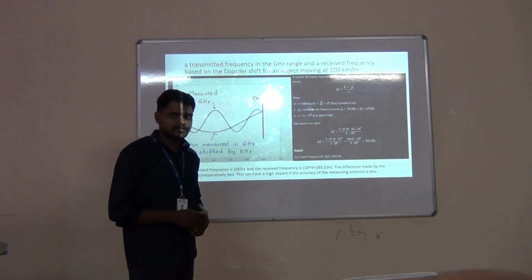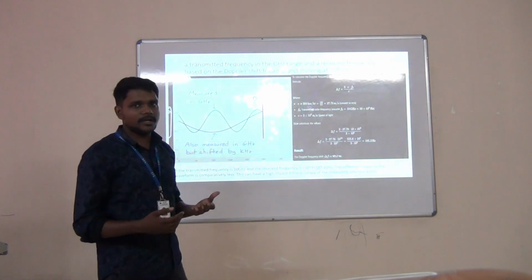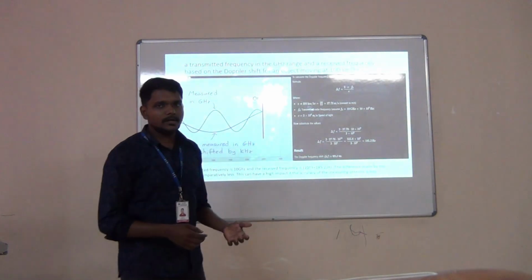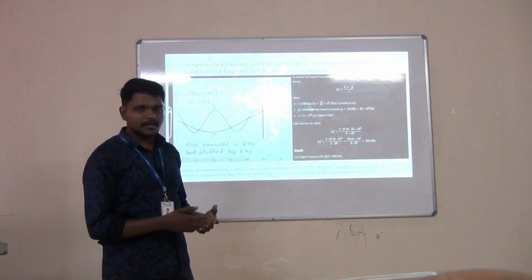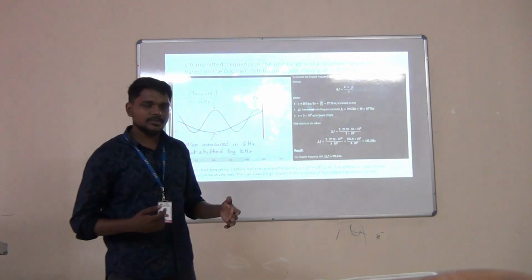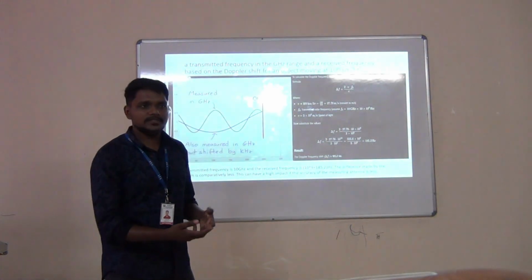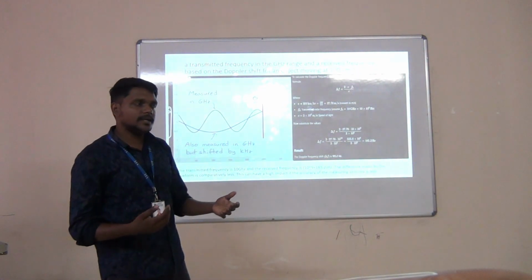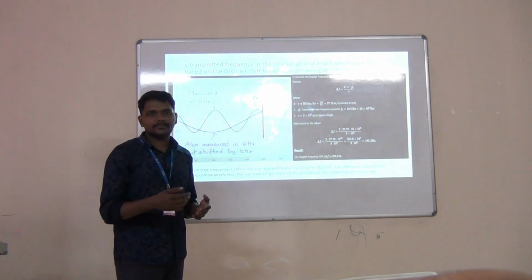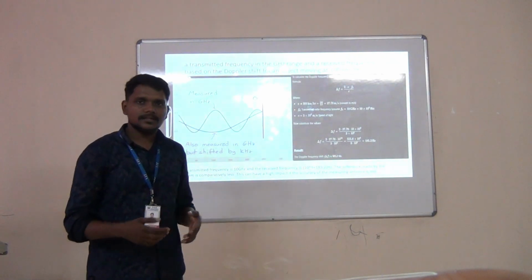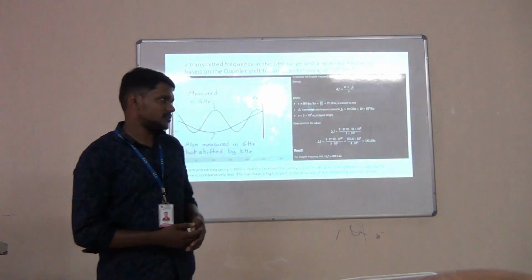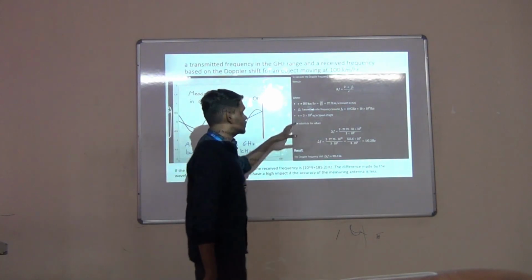have a major difference, because if an object is moving at 100 km per hour and you measure the frequency, the transmitted frequency is in gigahertz, and even if you add that value to the gigahertz, there will not be any major change, right? I have put a small calculation here.